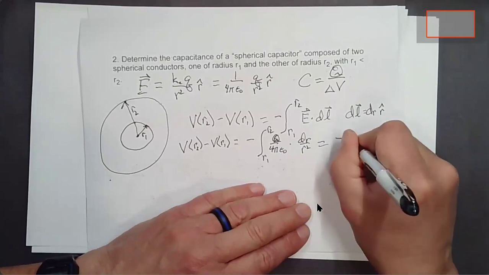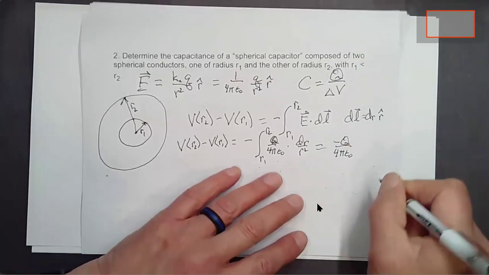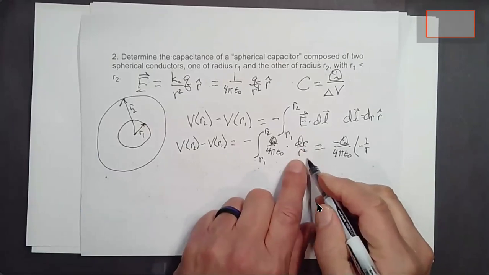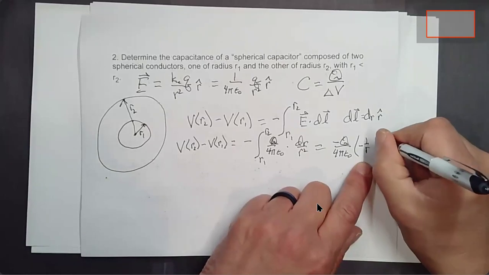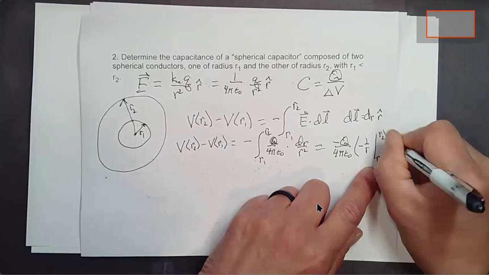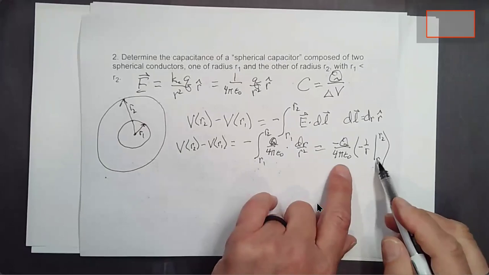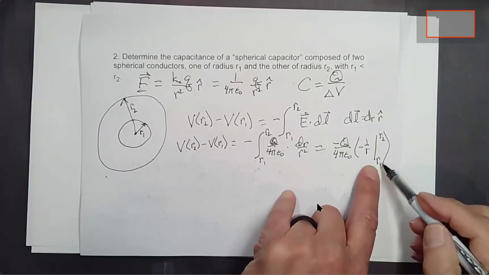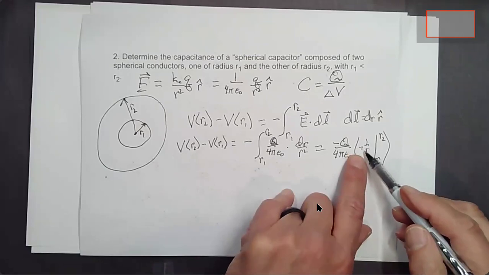So minus Q over 4 pi epsilon naught and a minus 1 over r. When you integrate dr over r squared, you get a minus 1 over r, evaluated at R1 and R2. And I can't remember where you're supposed to stick parentheses on those things, but if I reverse the order of the subtraction, I can change the sign on that to a plus sign.